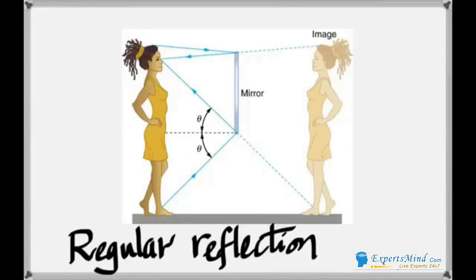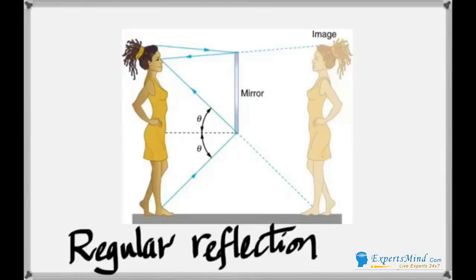Do the two reflected rays actually intersect? Look at the dotted lines, please. This reflected ray is going that way. Will the two reflected rays actually intersect, or do they appear to intersect? They appear to intersect, so that is why it is a virtual image. More on that as we go.